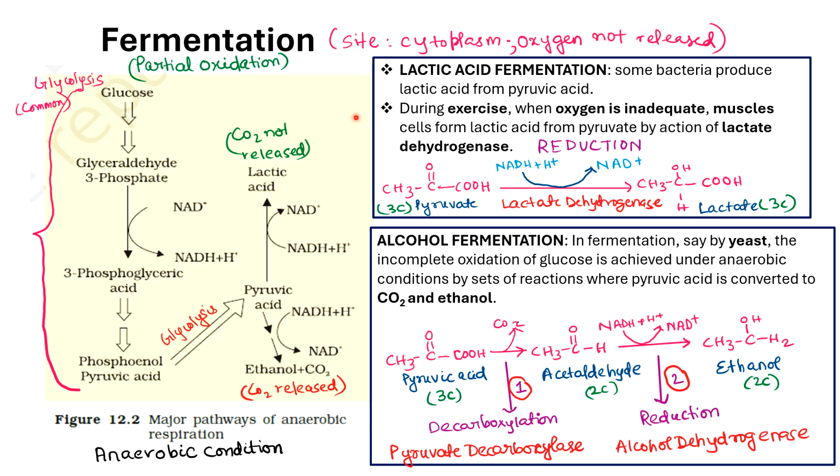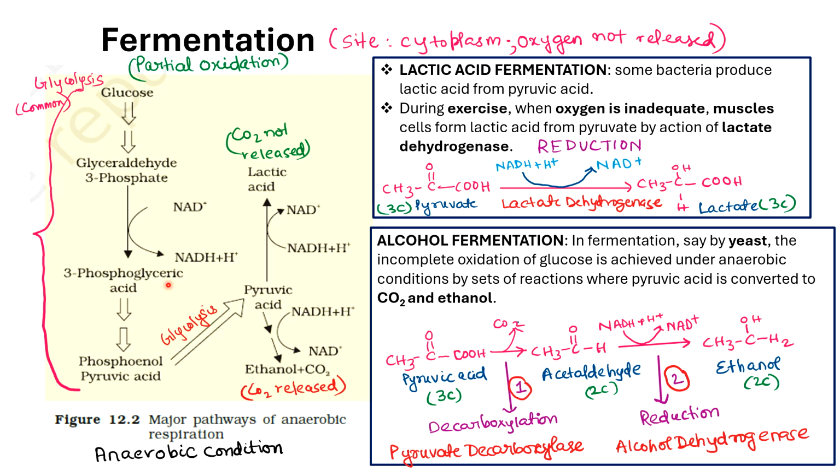So the main difference between lactic acid fermentation and alcohol fermentation is that the carbon number does not change in lactic acid fermentation. No carbon dioxide is formed here, whereas in alcohol fermentation the carbon number is reduced, a 2-carbon compound is formed, and decarboxylation, the release of carbon dioxide, is seen in alcohol fermentation, which is not found in lactic acid fermentation.